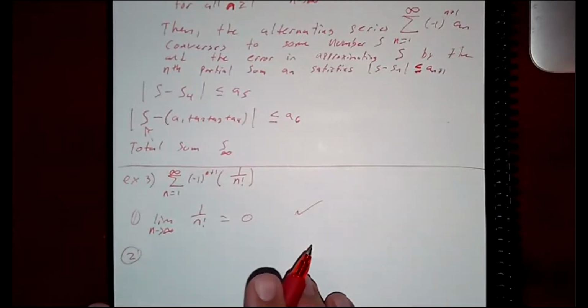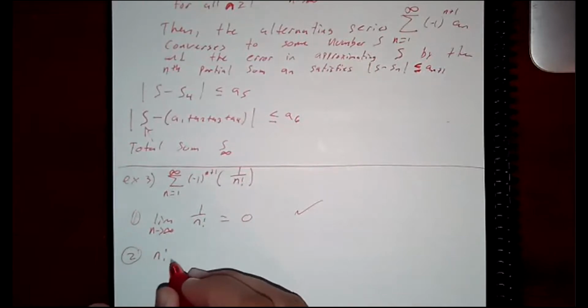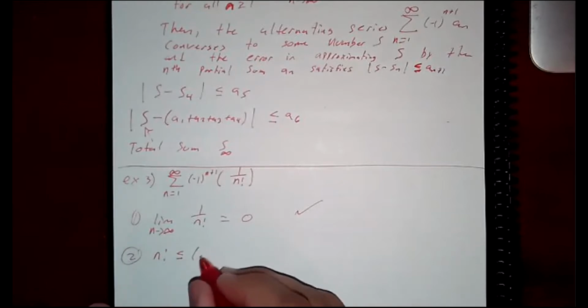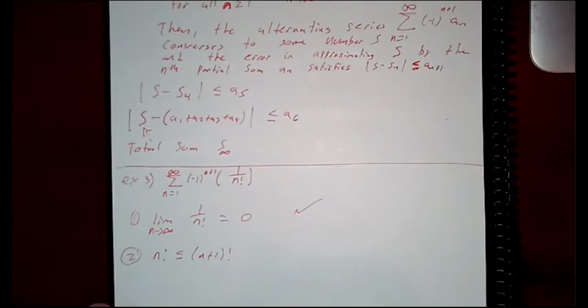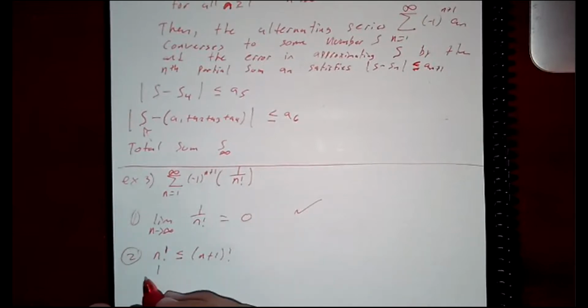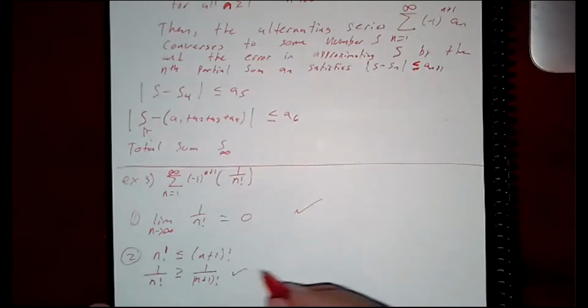Number 2, is 1 over n factorial less than or equal to 1 over n plus 1 factorial? It is, right? So that means the reciprocal would satisfy our condition, decreasing.